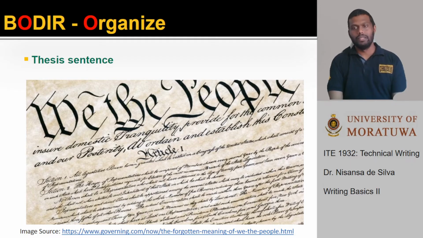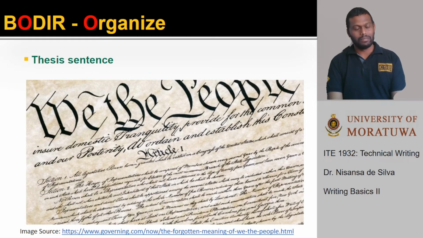A good example of the thesis sentence is the preamble of the Constitution of the United States. It says, we the people of the United States, in order to form a more perfect union, establish justice, ensure domestic tranquility, provide for the common defense, promote the general welfare, and secure the blessings of liberty to ourselves and our posterity, do ordain and establish this Constitution for the United States of America.